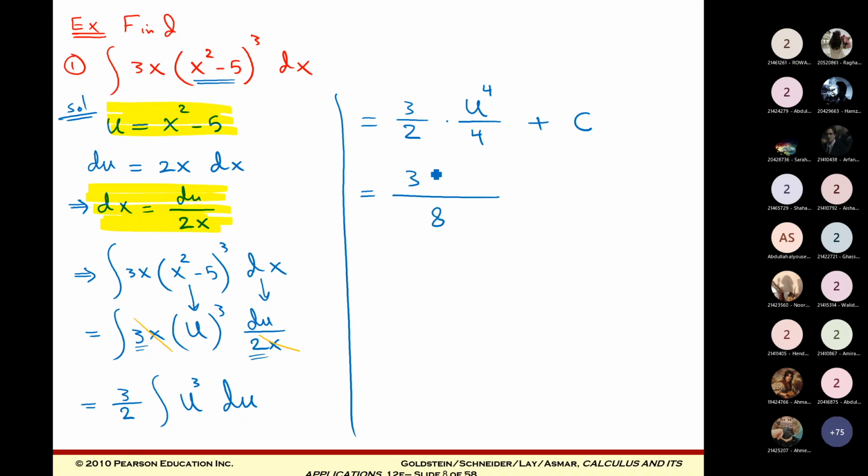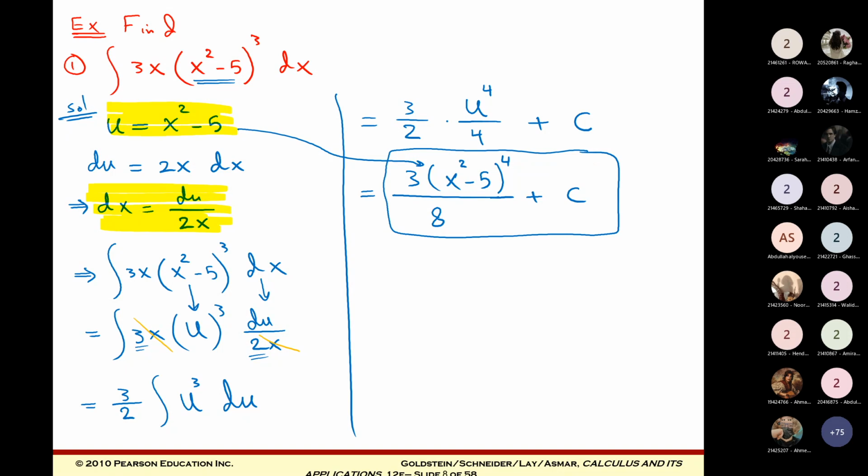The value of u equals x squared minus 5, to the power 4, plus c, the constant of integration. Okay, any question? Any question? This is a very easy technique to find advanced integrals.